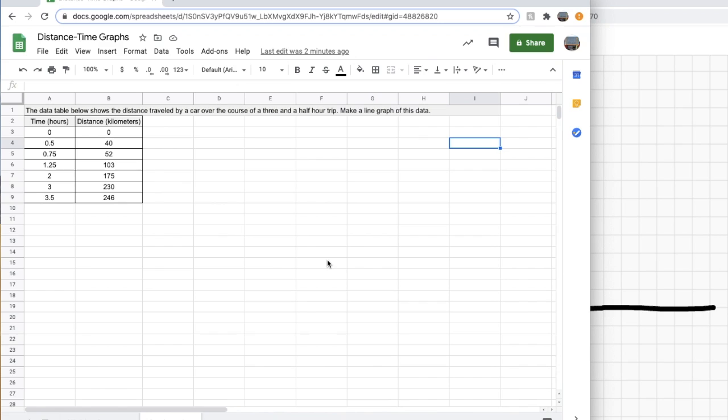So one thing that can be difficult when you're graphing on a computer is that it's very easy to just press insert chart and then have no idea what that chart is saying, because it does it so quickly for you. Maybe not to notice if it did it wrong. When you graph by hand, you kind of have to sit with the information for long enough that it's clear whether you did something wrong.